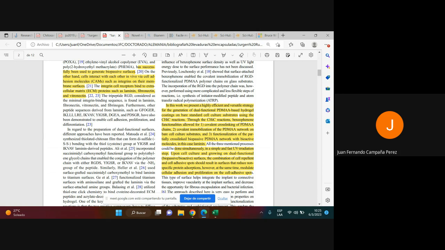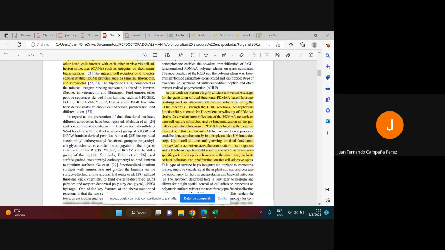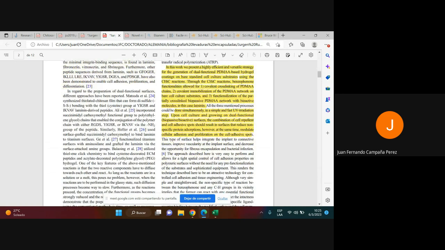In this case, I think they use integrins. And this process could be done simultaneously with a simple and fast UV irradiation step.